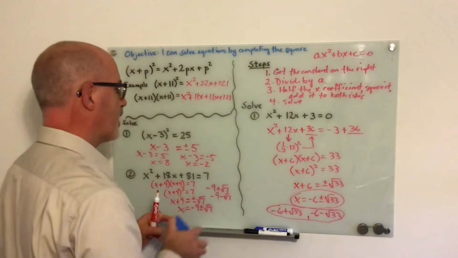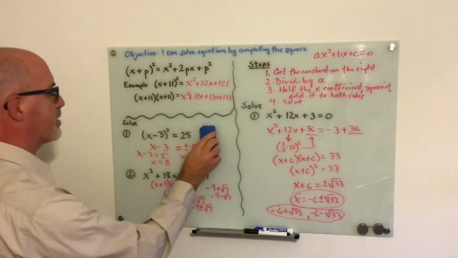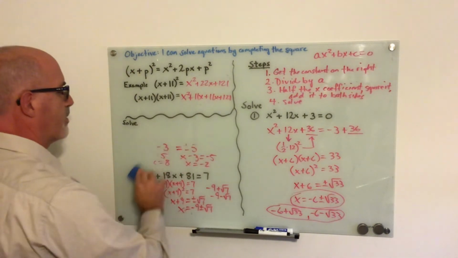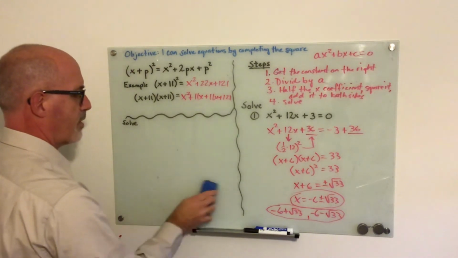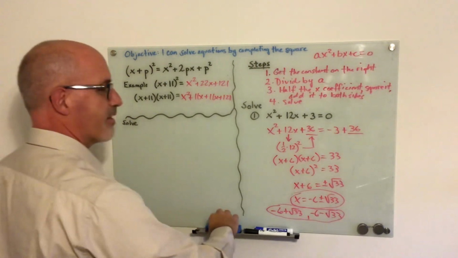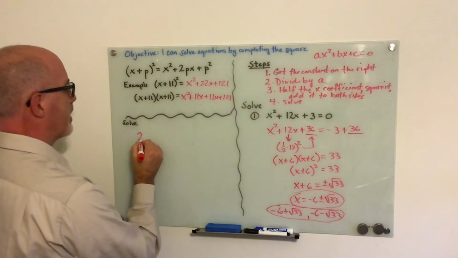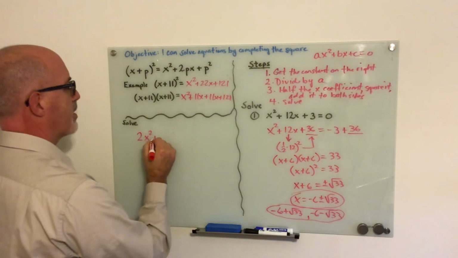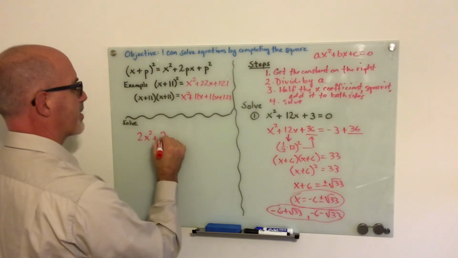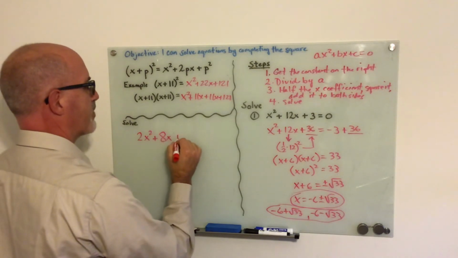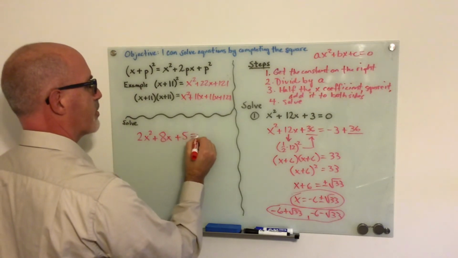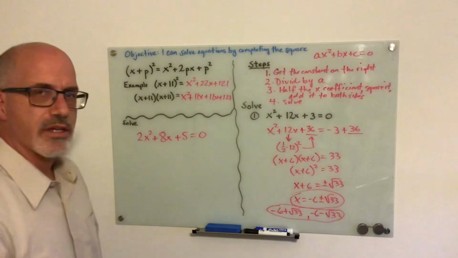Let me do one last equation for you. So I'm going to erase this over here. Let's try one that has an a in the front. So I'm going to have 2x squared plus 8x plus 5 equals 0. Okay, so let's try this one.